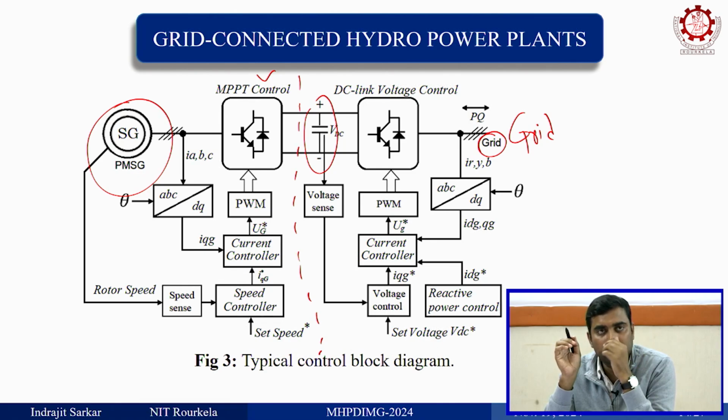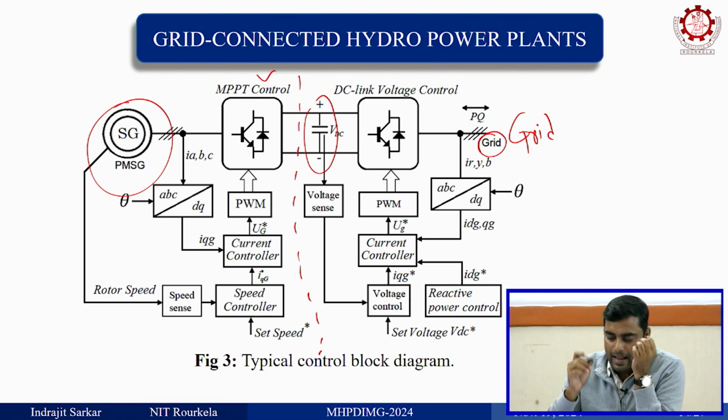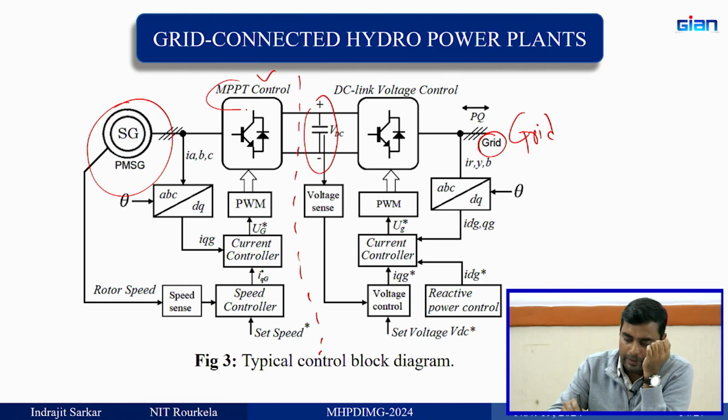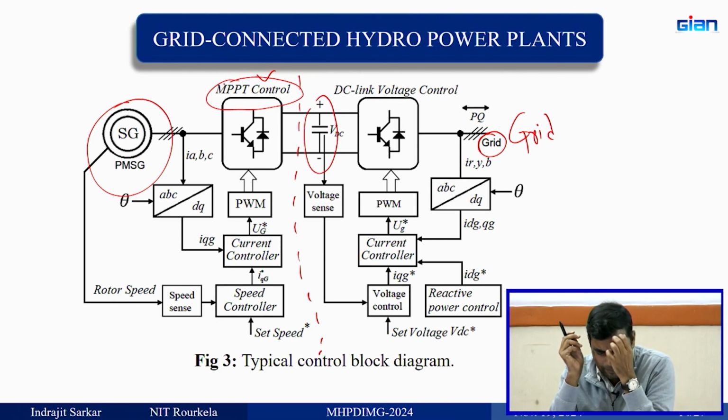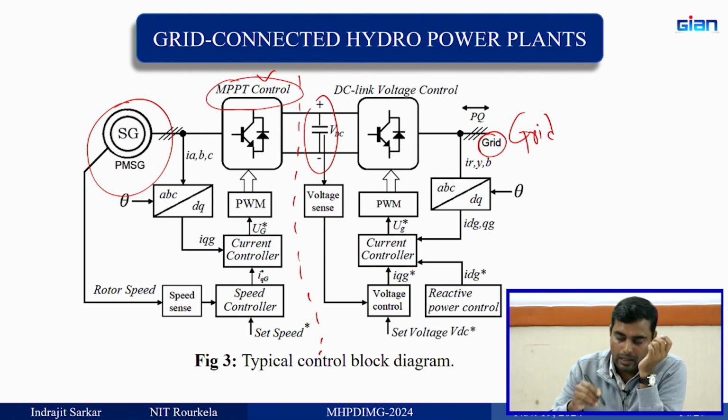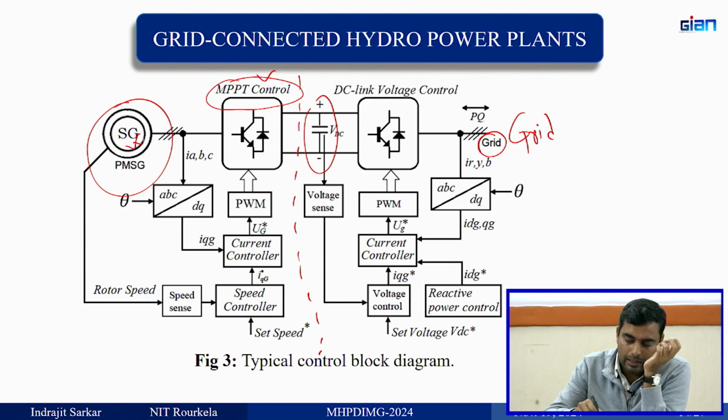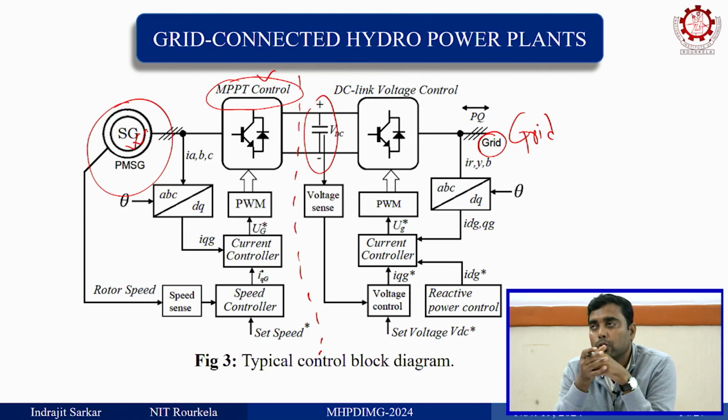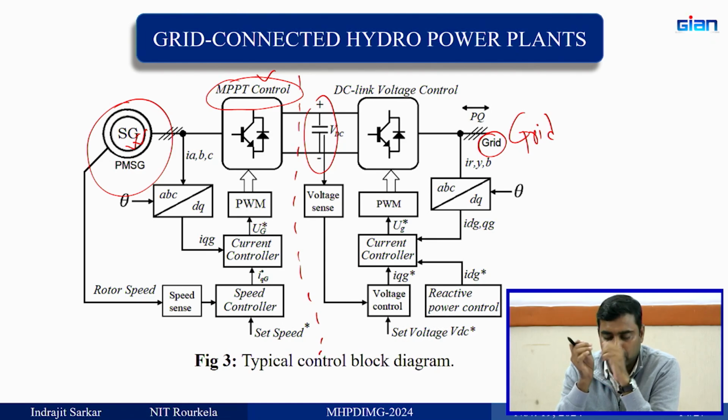So, you fix the DC voltage and then you let the machine work at MPP. How does it work at MPP? You have to control the speed of this machine at that particular speed, so that the power extraction from the machine is maximum for that particular water flow condition. So how can it be done?